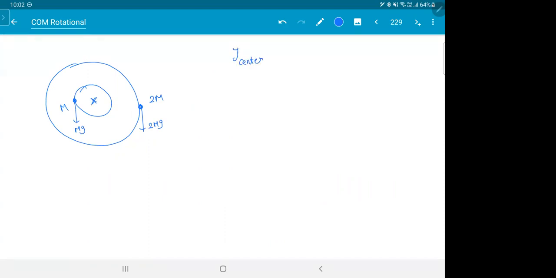This is 2R and this is R, so the torque about the center is 2mg into 2R in the minus k cap direction, plus mg into R in the plus k cap direction. So this is minus 3mgR, minus k cap. Alpha is anyway this way.